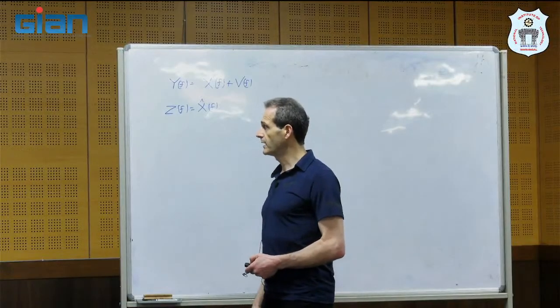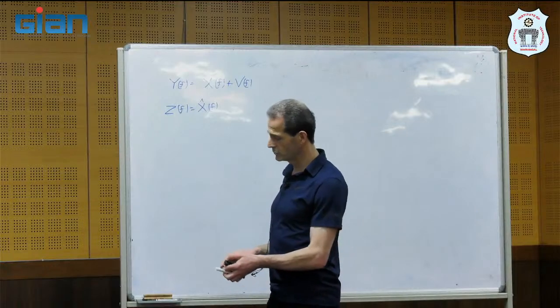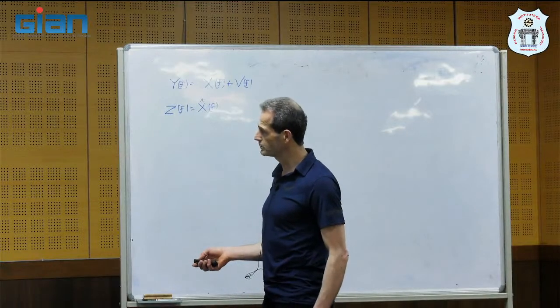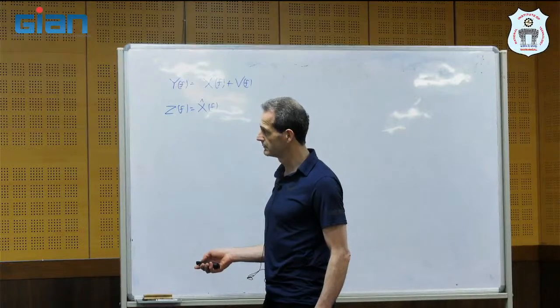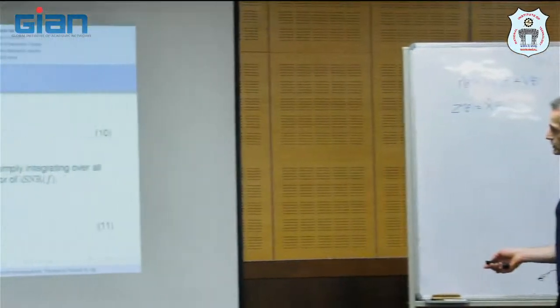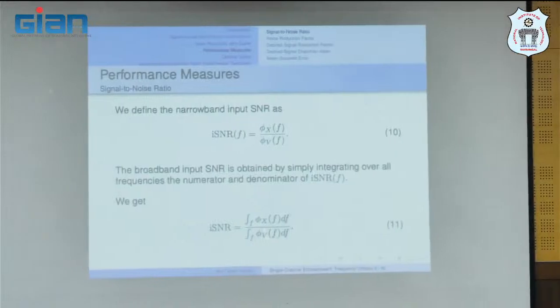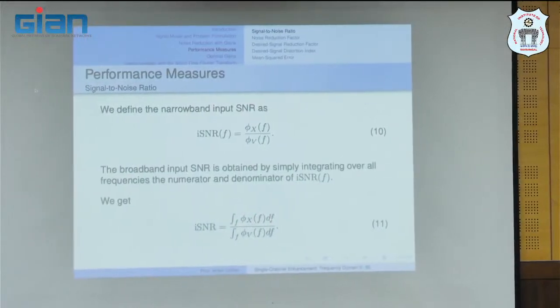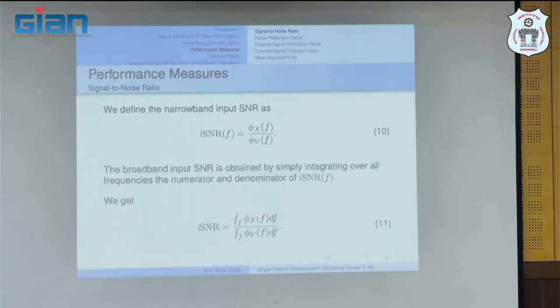Okay? You see, when you compute the broadband, you don't put the integral of the ratio, but you put the integral in the numerator and the denominator, because this gives us the energy of the signal divided by the energy of the noise. So this is the input signal to noise ratio.